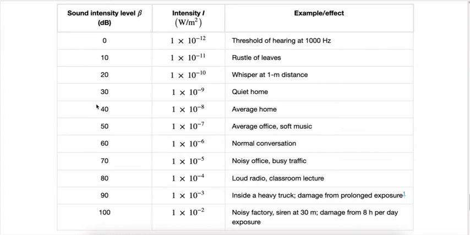So an increase of 10 decibels means you're 10 times louder. The average office is 10 times louder than the average home because we went up by 10 decibels. If you go up by 20 decibels, it's 100 times louder.